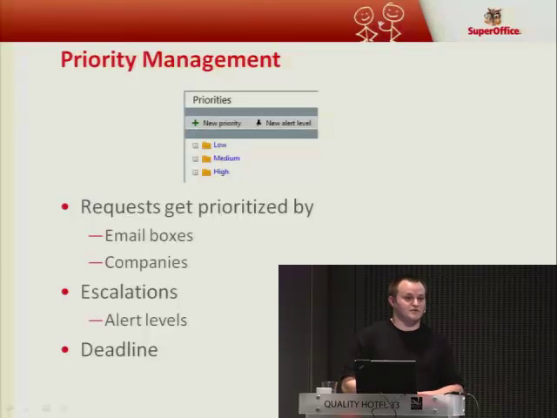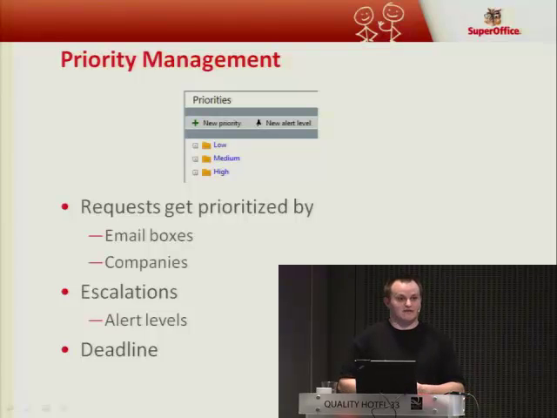For instance, if you have a very important customer, you can say that the priority for this customer is high. And if you don't like a customer, you can set low, for instance. Furthermore, we have the different escalations. What happens if no user has read the request? What happens if this request hasn't been closed within a while?